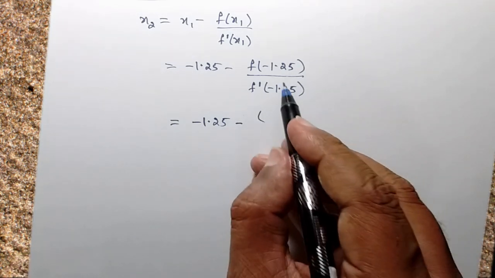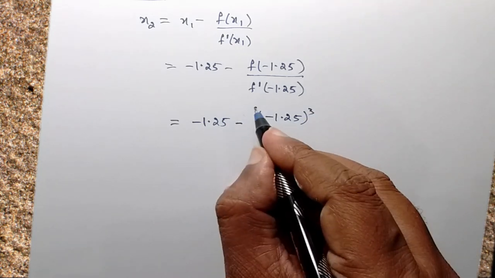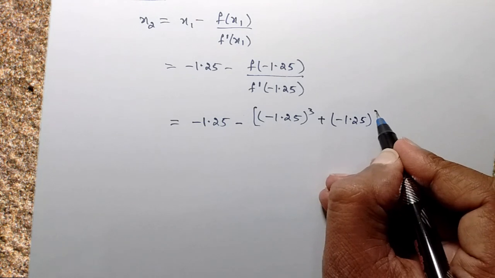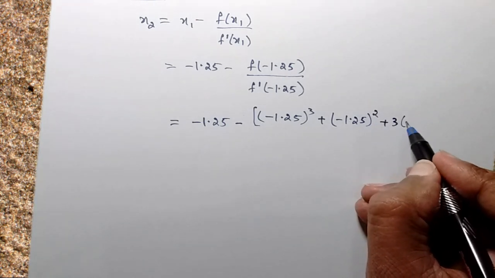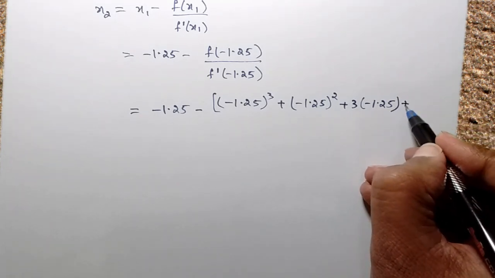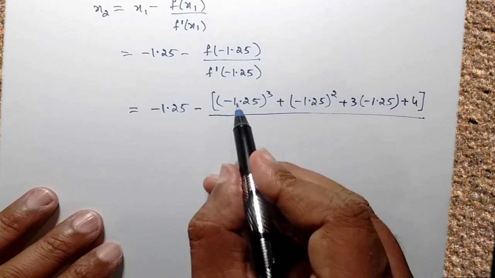So f of x is x cube plus x square plus 3x plus 4; here x value is minus 1.25, so minus 1.25 whole cube plus minus 1.25 whole square plus 3 times minus 1.25 plus 4. That is your f of x value, divided by f dash of x.